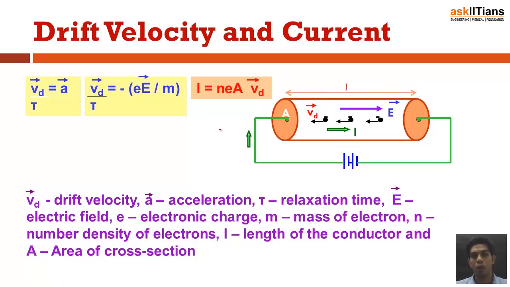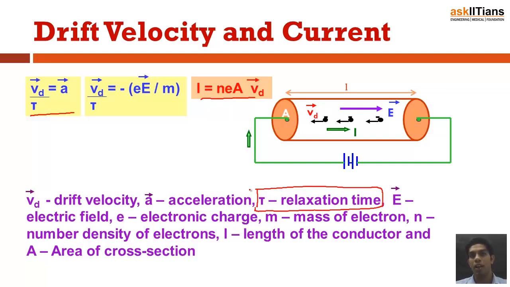Now we want to find out what exactly is the drift velocity and the relationship between the current and the drift velocity. For that, we need to get hold of the relaxation time. Relaxation time is basically the time between two successive collisions of an electron.